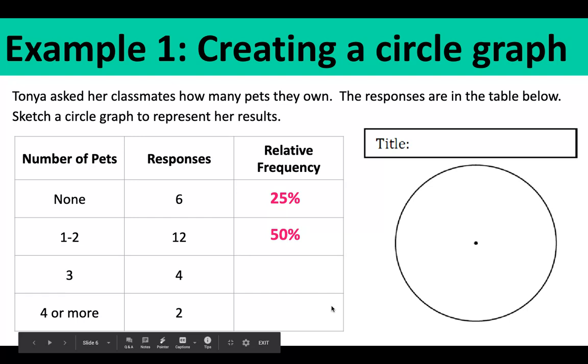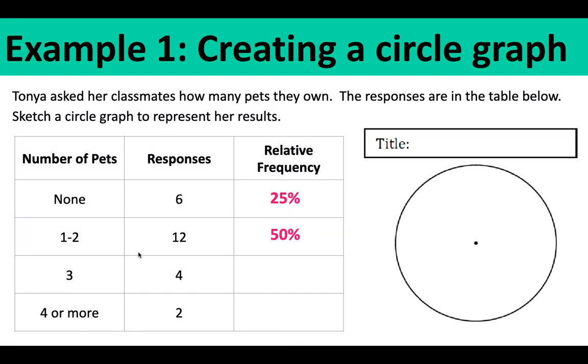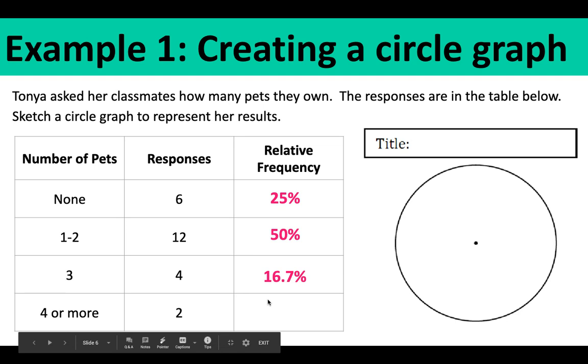It is 50%, because 12 is 50% of 24. And so that's the people who have 1 to 2 pets. For the people who have 3 pets, 4 divided by 24, and then multiply by 100 gives me 16.7%. And then lastly, we have 2 divided by 24 times 100, which is 8.3%.